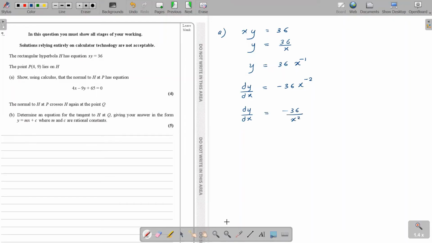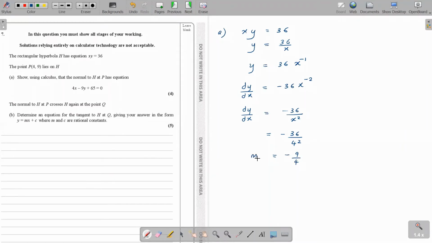Is that okay? Now we need to replace the x value. At the point P, x is 4 and y is 9. Replace x as 4. Minus 36 divided by 4 squared. Can I have the dy by dx value? Minus 9 over 4.